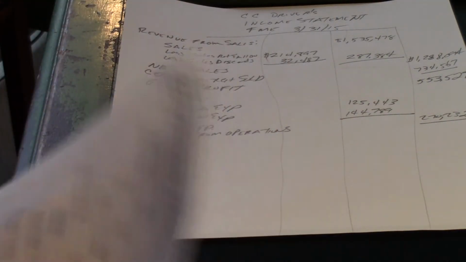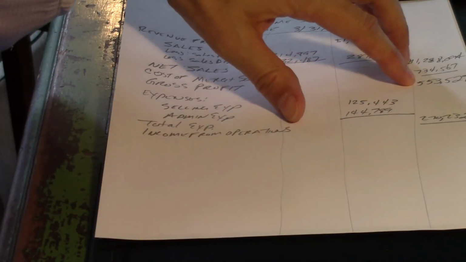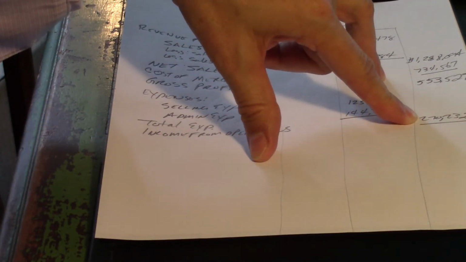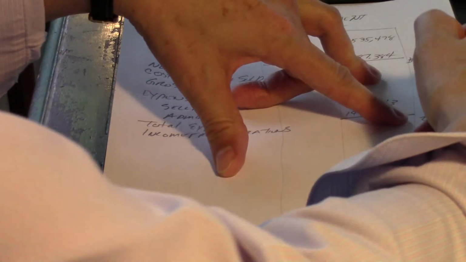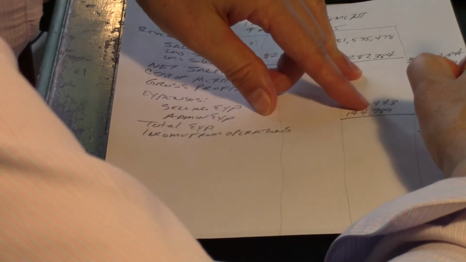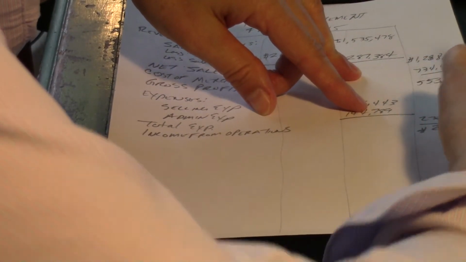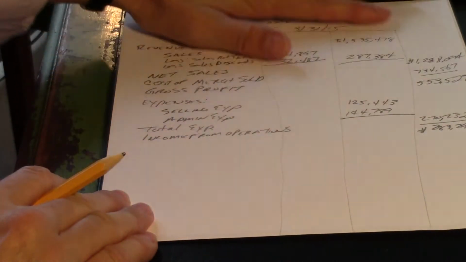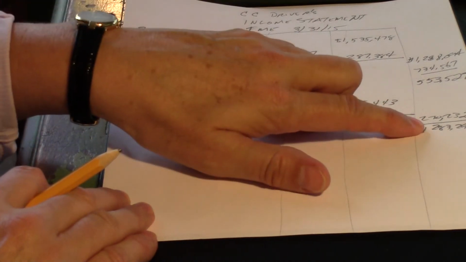We want to break that out separately. So 553,527 less 270,232 is 283,295. All right. Now, that's not the only thing that happened here. So operations from running our store got us 283,295.